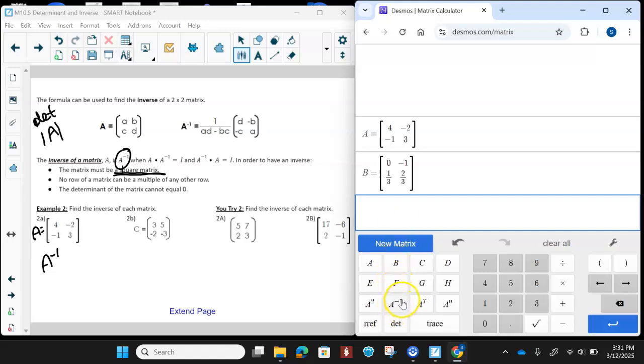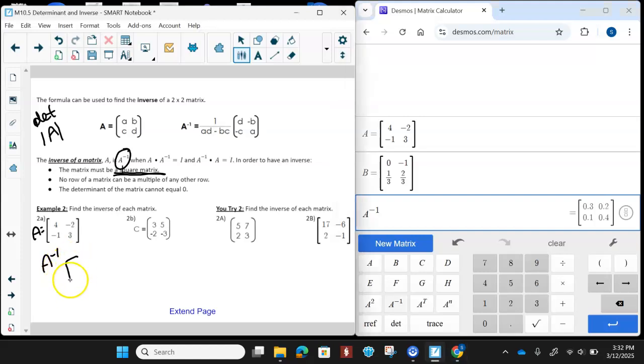See how it says the A to the -1? I want the inverse of A. So A, then -1. And there it is. That is the inverse matrix. So here we're at 0.3, 0.2, 0.1, and 0.4.